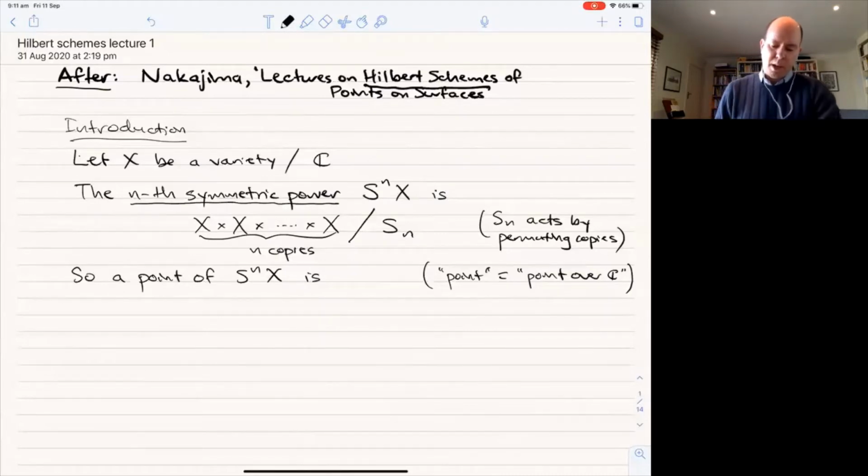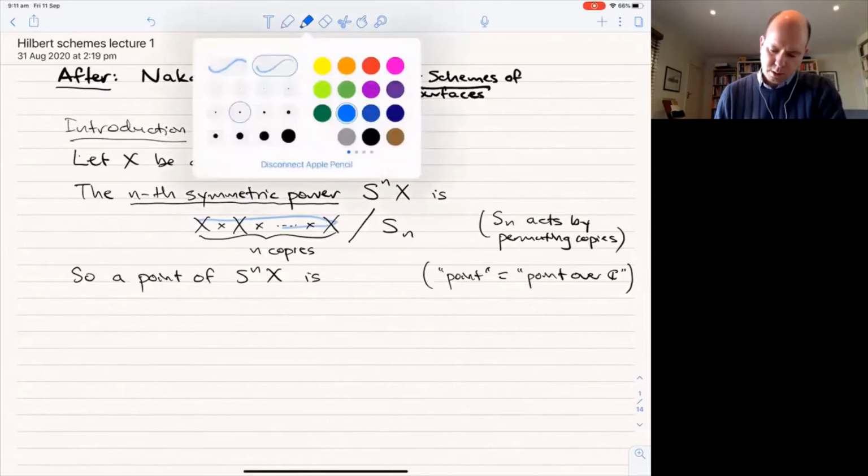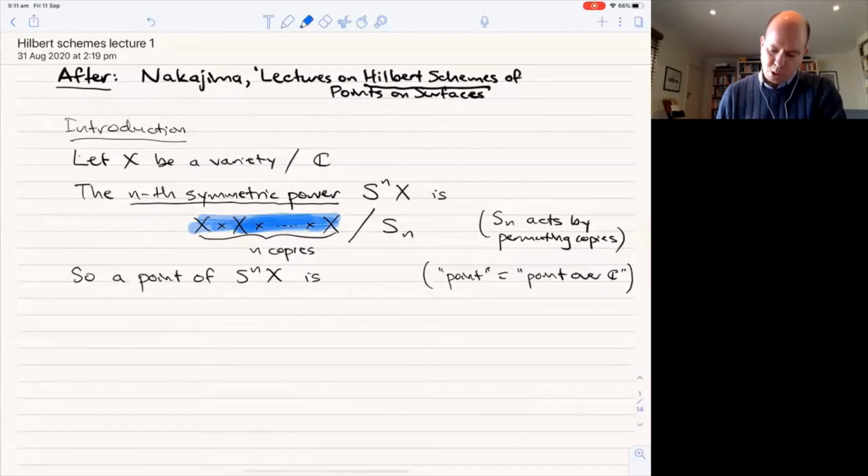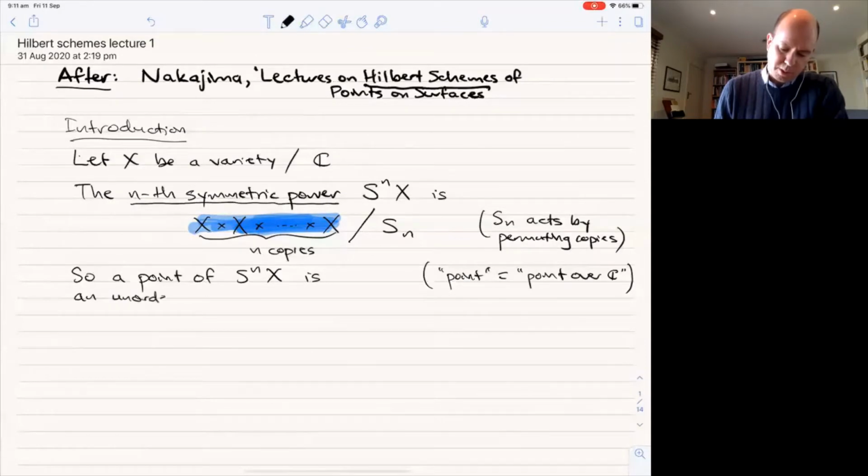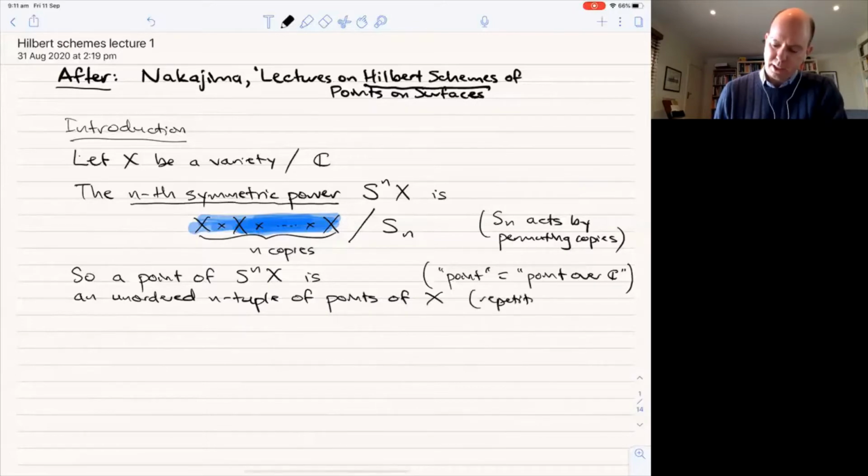So a point of this symmetric power then is an S_n orbit on this Cartesian power. What that means is an unordered n-tuple of points of X, and repetition is allowed here.